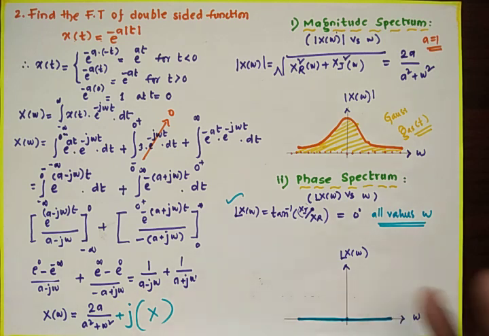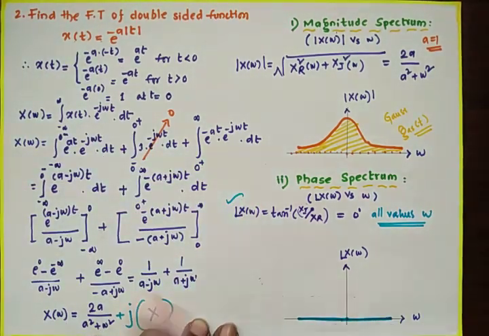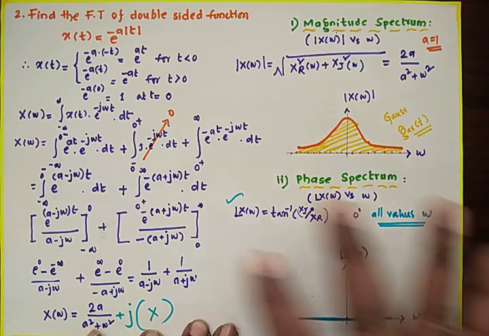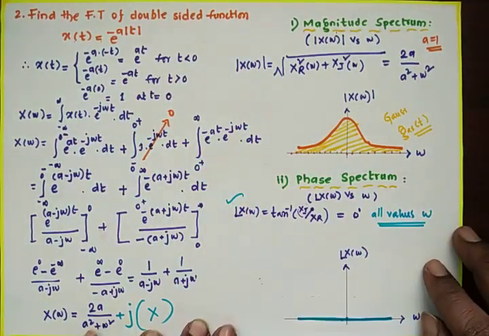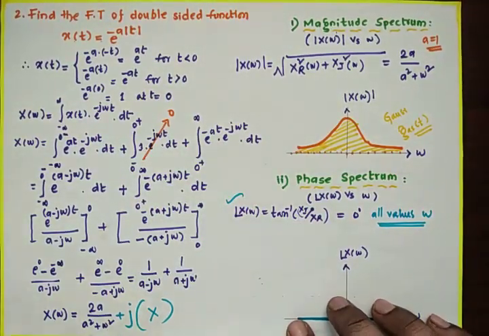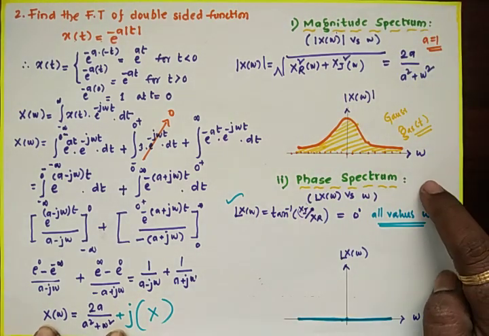The points to be noted here: first, identify what exactly x of t is. After that, calculate x of omega using the standard formula, the integral from minus infinity to plus infinity of x of t into e to the power of minus j omega t dt. After calculating x of omega, we go for the magnitude spectrum, and after that the phase spectrum.